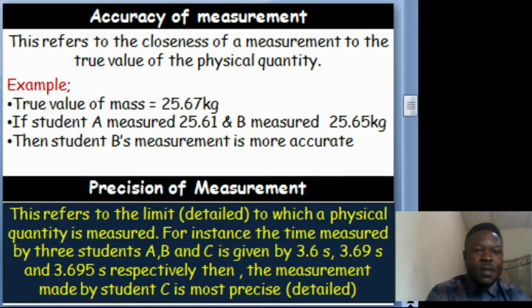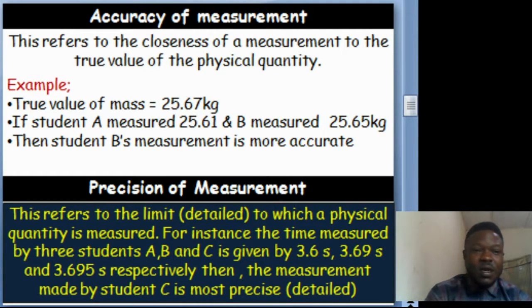Now, what do you mean by precision of a measuring instrument's measurement? When we mean precision, this refers to the limit, that is the detail. When we say something is more precise than the other, the one that gives us more details about that measurement is what we mean by precision. Take for instance, we have students A, B, and C having their measurements of time to be 3.6 seconds, 3.69 seconds, and 3.695 seconds.